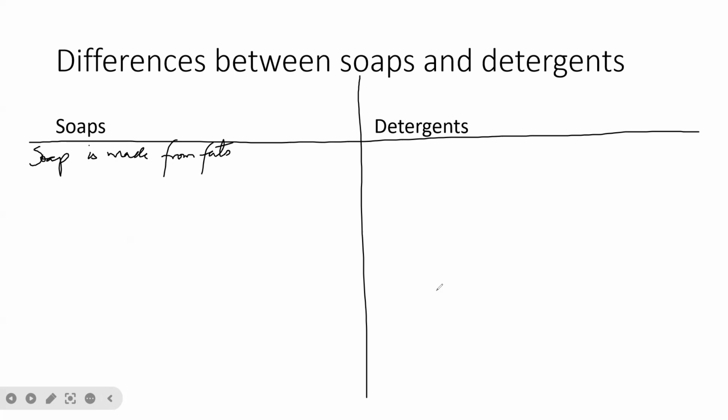While detergent, you should write it down, while detergent is made from long chain hydrocarbons or from petroleum fractions. Let's make it simple that way. Let's say from petroleum fractions, so that you remember it. Petroleum fractions.